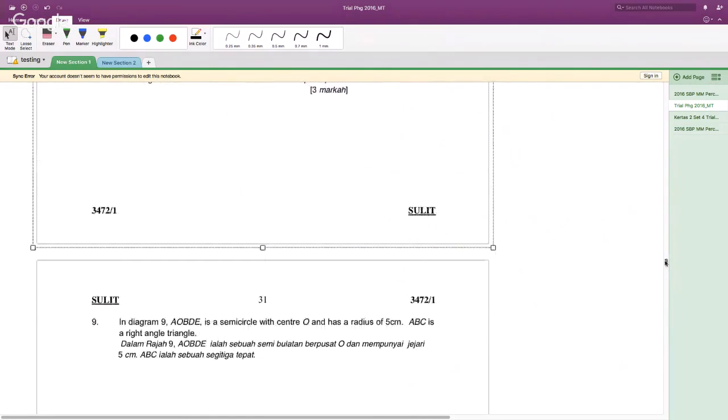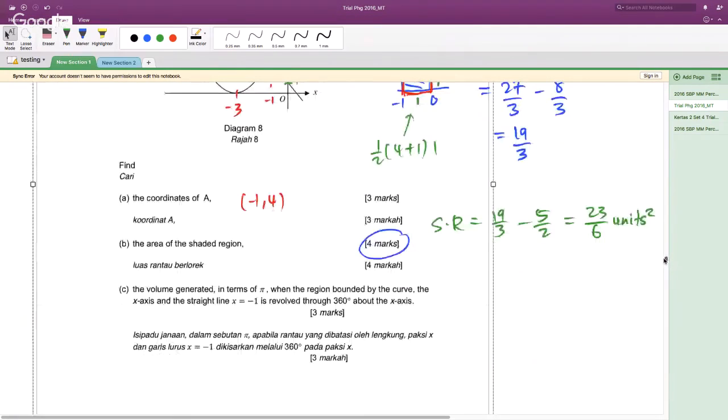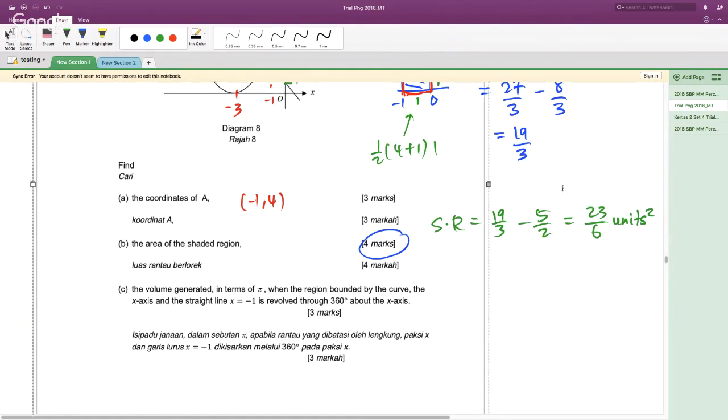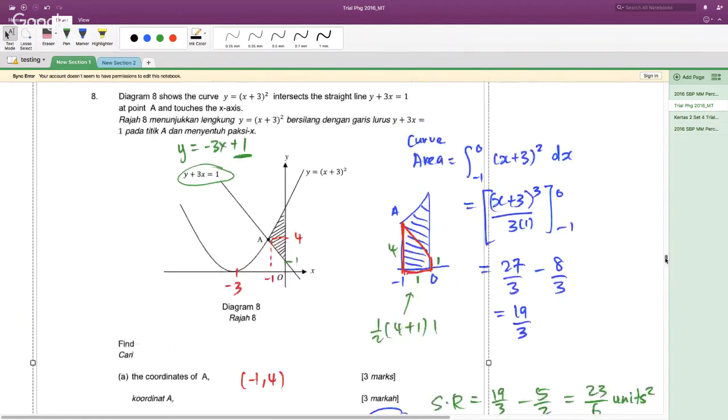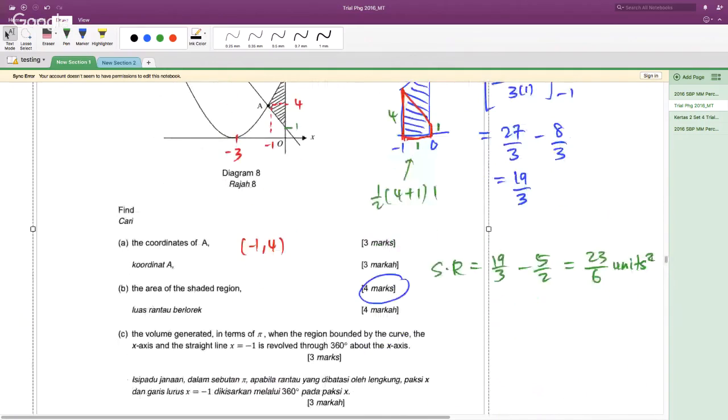Okay, volume. C is the volume generated in terms of pi when the region bounded by the curve, the x-axis and x equals -1 is revolved 360 degrees about the x-axis. It just doesn't let me scroll, but anyways, we have to find the region.